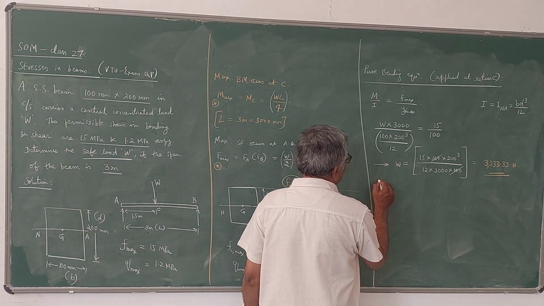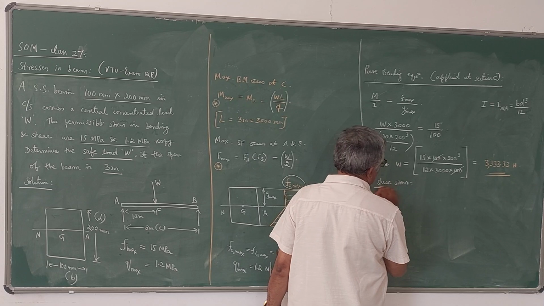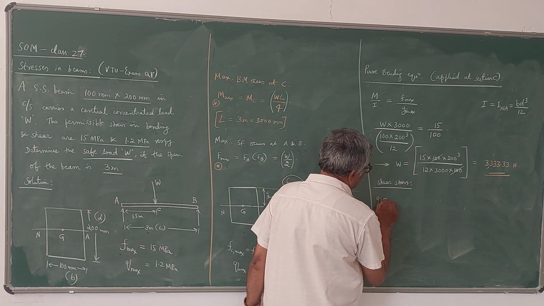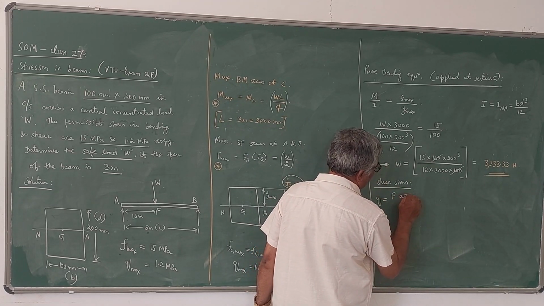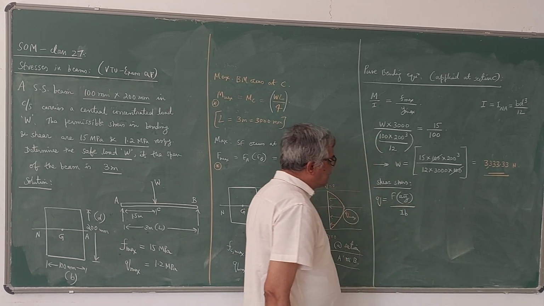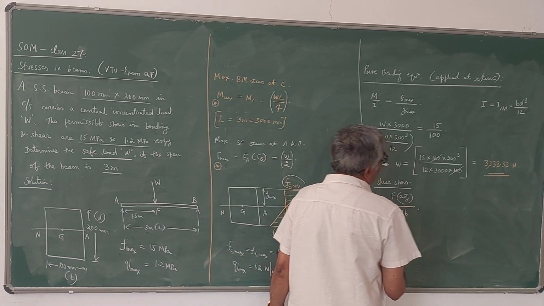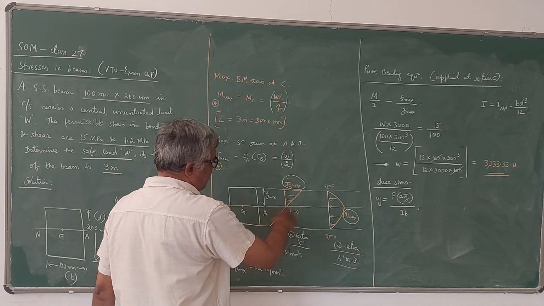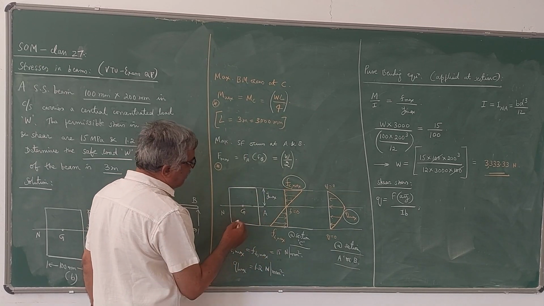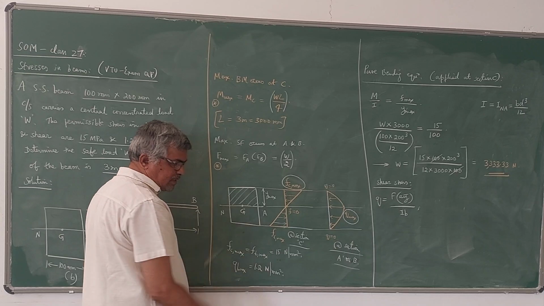Considering the shear stress equation, because he has given both the values, we know that Q is equal to F into A y bar divided by I b. This is the expression for shear stress. Since I have to take Q max, and Q max occurs at the neutral axis level, to find A y bar I have to take the area above the neutral axis or below the neutral axis.